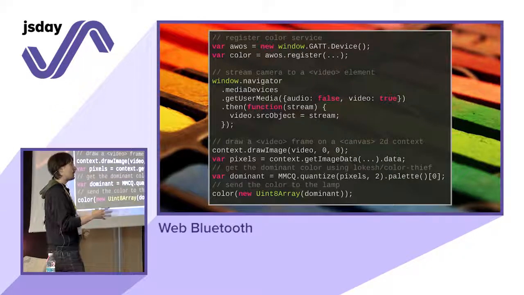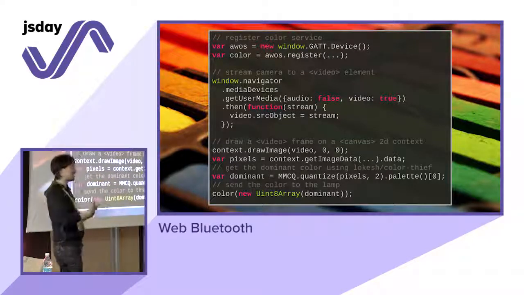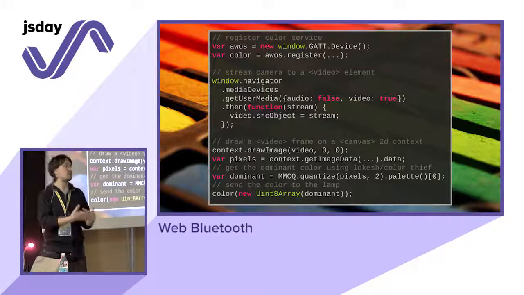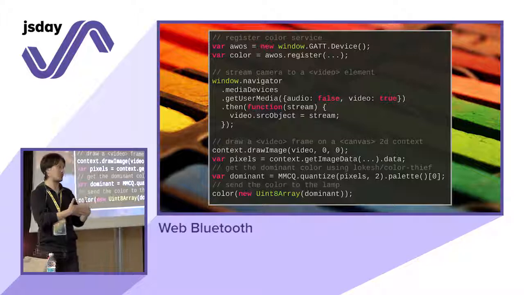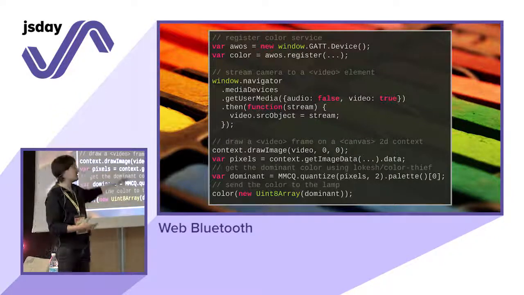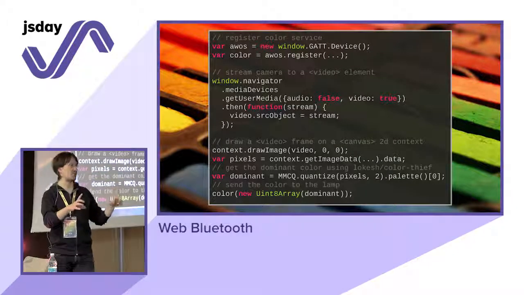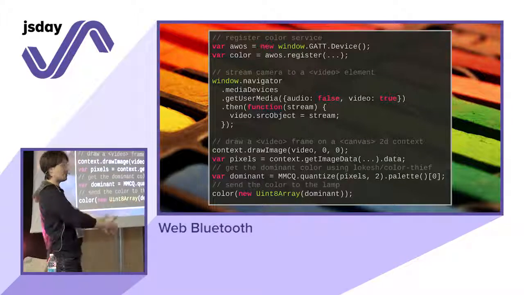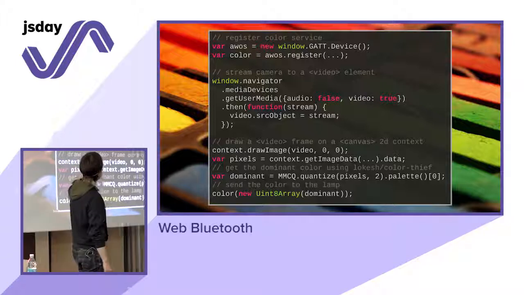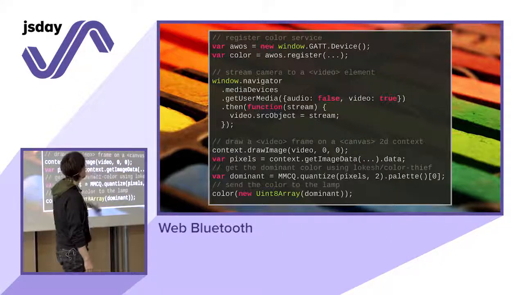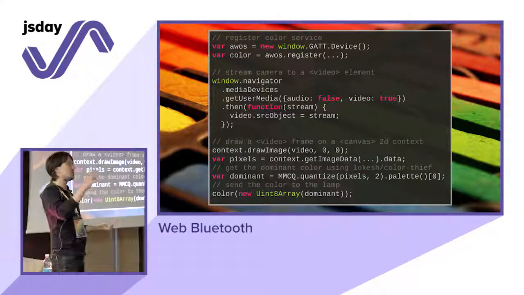Why do we want to do that? Because the canvas has this very cool property of being able to read the pixels of the stuff we draw on it. So once we draw the video, we basically have a snapshot from the video available on the canvas to be read. So at that point, we can use the function getImageData to extract all the pixels from the canvas.